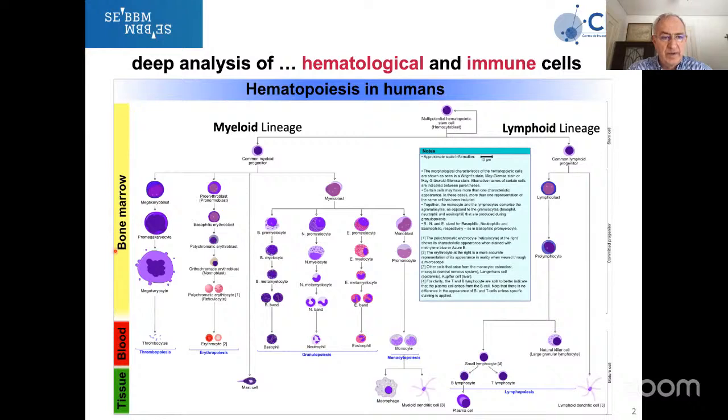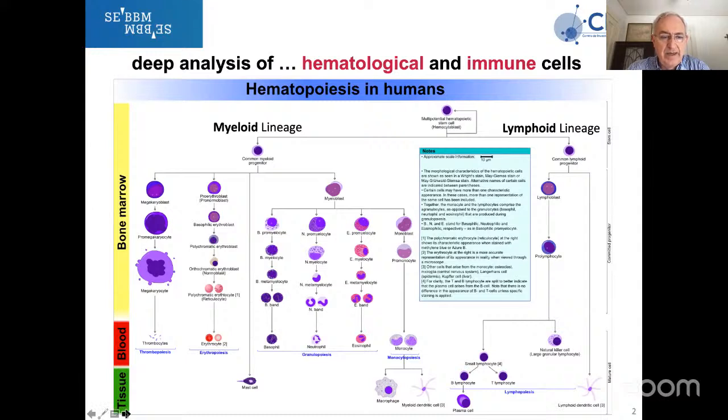Here, can you see my pointer? Okay. Yes, the bone marrow samples. As you can see in the cells, there are these two main lineages, the myeloid lineage and the lymphoid lineage, and they have very different cell types.